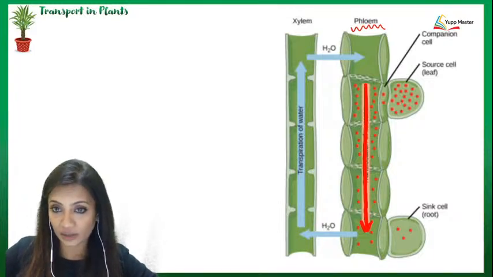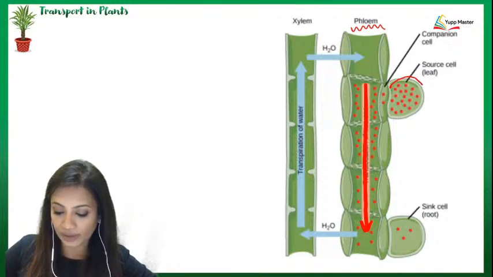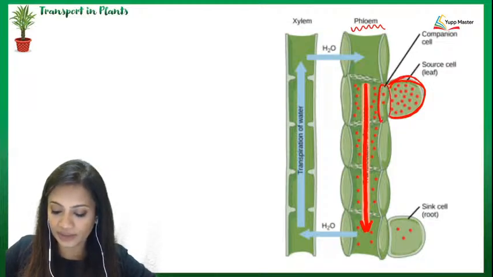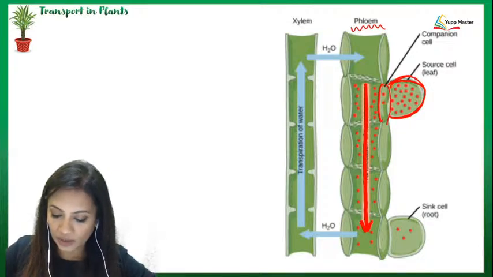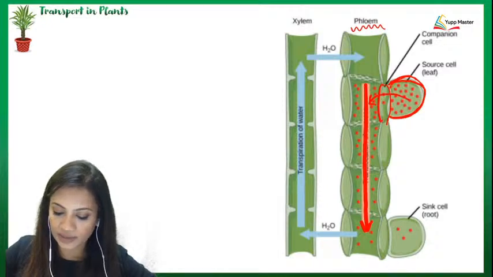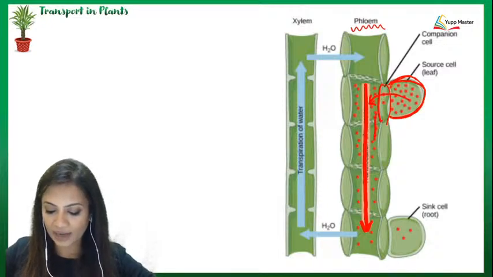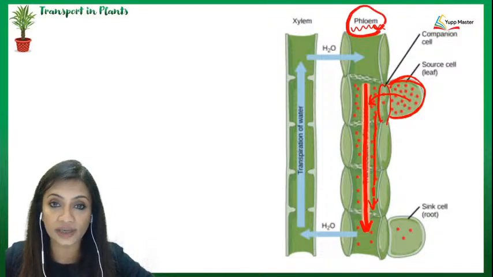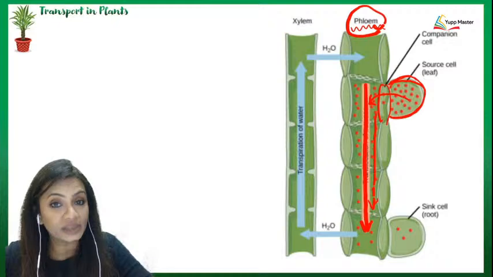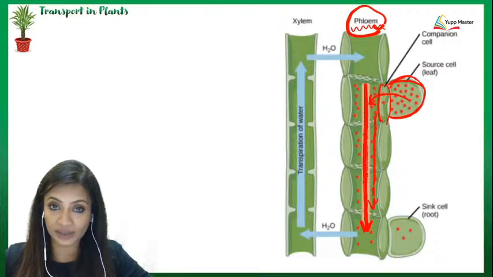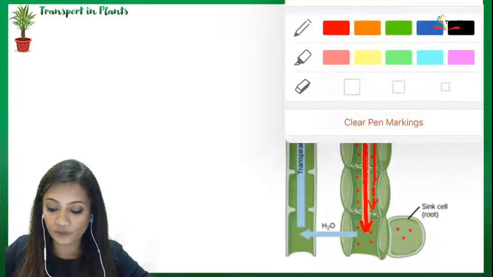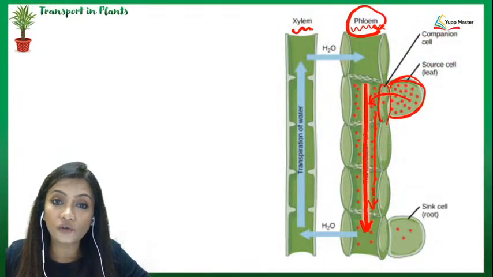Can you see here how they have shown that there is a source cell over here, that is the leaf, and with the help of the companion cell near it, the starch molecules are inserted inside the stem, and they are taken downwards with the help of this vessel which is called the phloem. On the other hand, you can see the diagram right next to it where we are talking about the xylem. Okay, xylem is all for the transport of water.